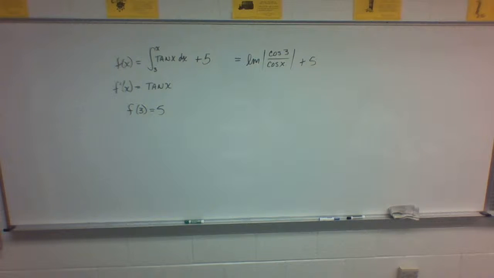They're both true. With which expression is it easier to evaluate, say, f of 4? The right one would be easier to evaluate because at least you have something to plug it into.